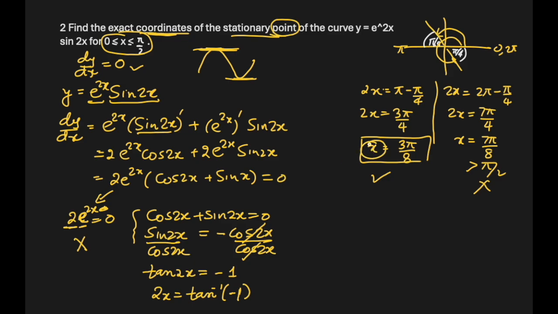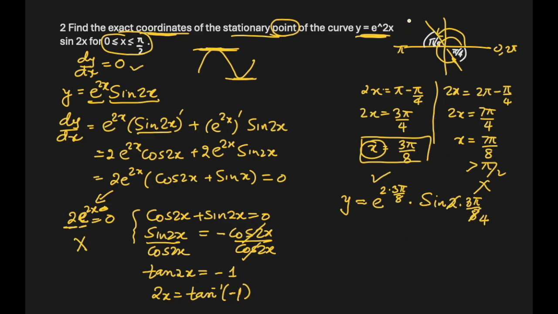So we know x, we can find y by substituting in this equation. Let's find y also. y equals e to the power 2 times 3 pi by 8, multiplied by sine of 2 times 3 pi by 8, which is 3 pi by 4.